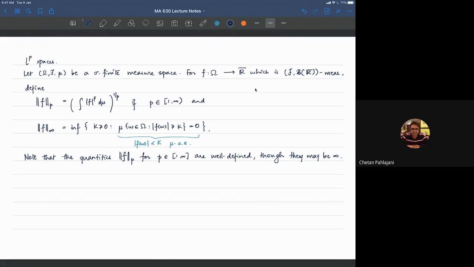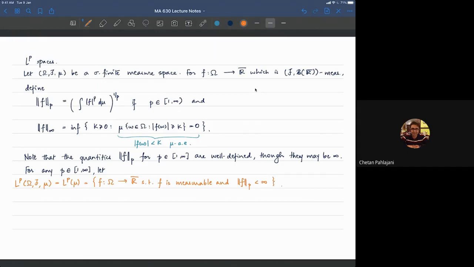All right, so now we can define what we mean by L^p space. So for any p in [1, infinity], let L^p(Omega, F, mu) = L^p(mu) equal the set of all f taking omega to R-bar such that f is measurable and norm f sub p is less than infinity.